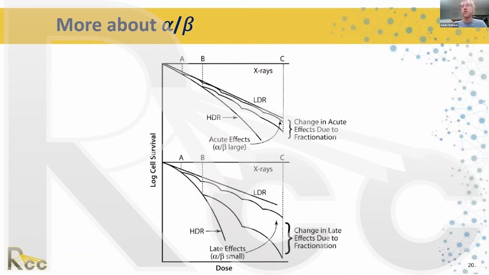So it's easier to achieve your goals if you have more fractions in HDR. But again, this is a difficult decision because there are a lot of factors that play into it, particularly patient throughput with machine and staffing availability. But something to think about and something to talk to your doctors and your administration about is the importance of this fractionation in HDR.